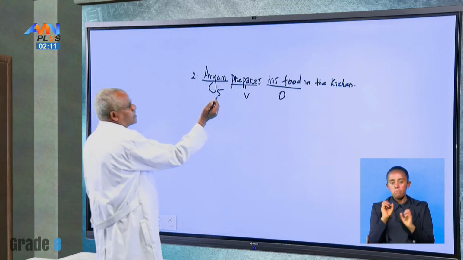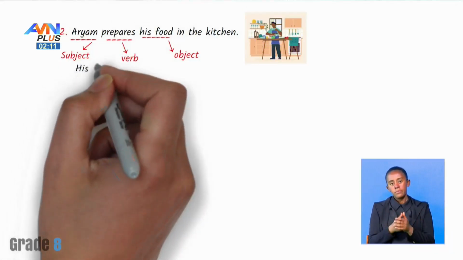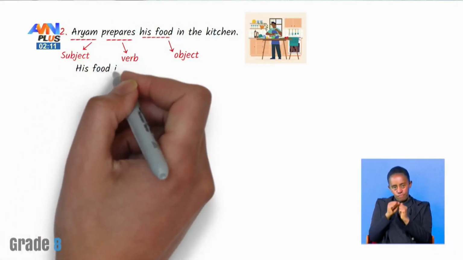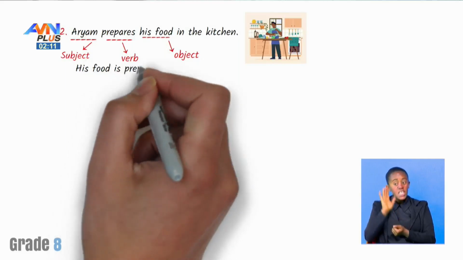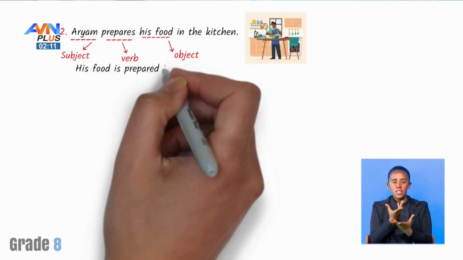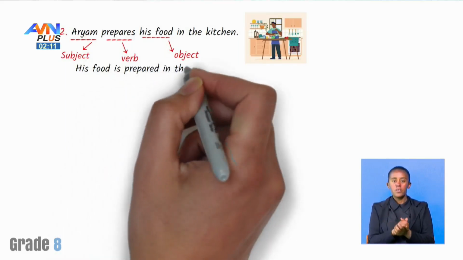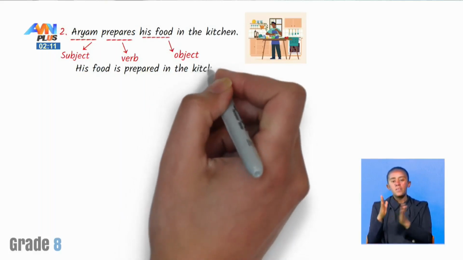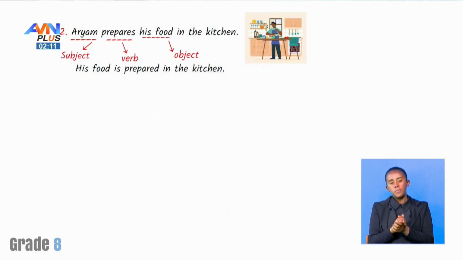Therefore, this can be written in such a way in the case of passive construction. His food is prepared. Is prepared where? In the kitchen.